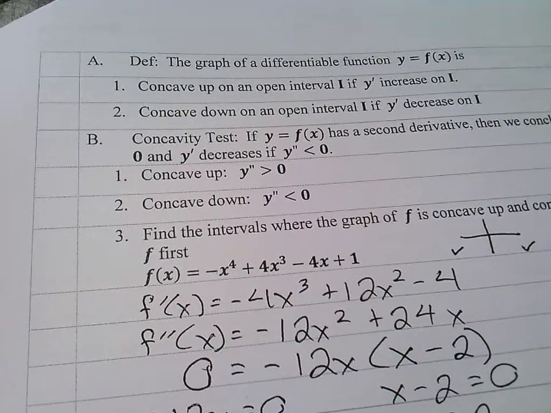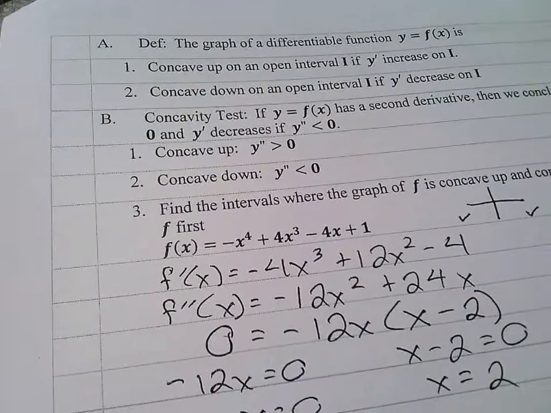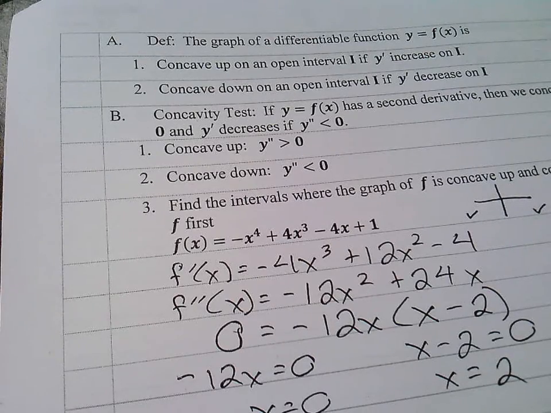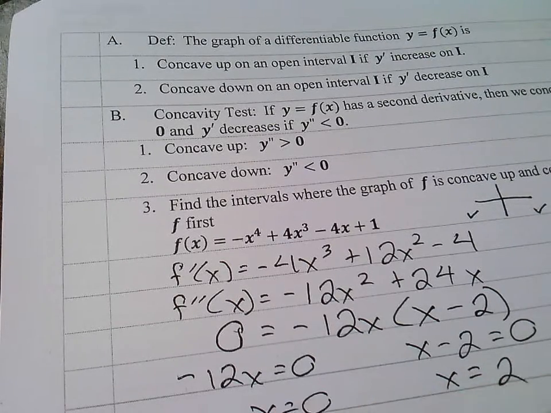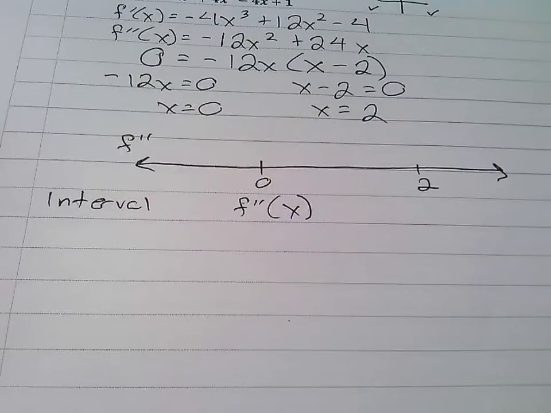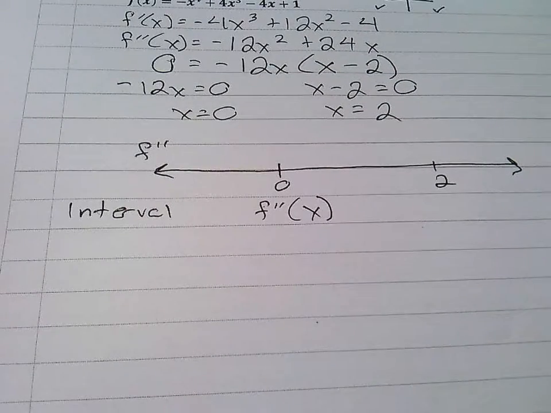Okay, interval. And this is f double prime of something. Oh, you can't see anything? I'm writing. There you go. And then the sign.